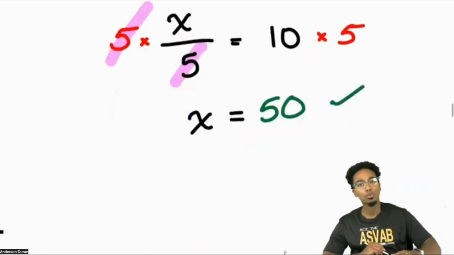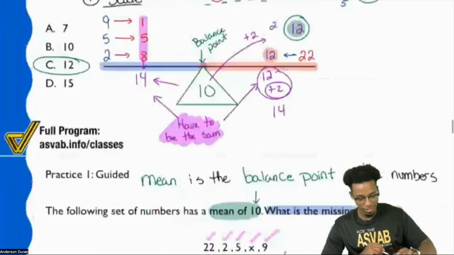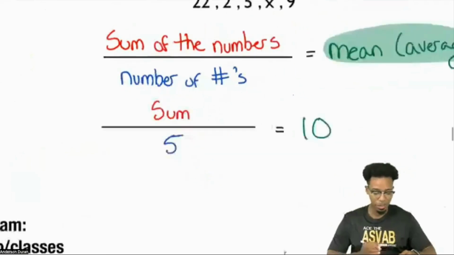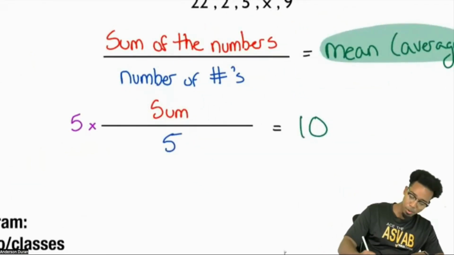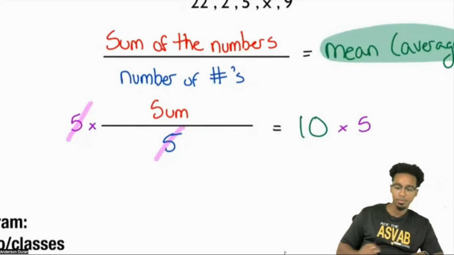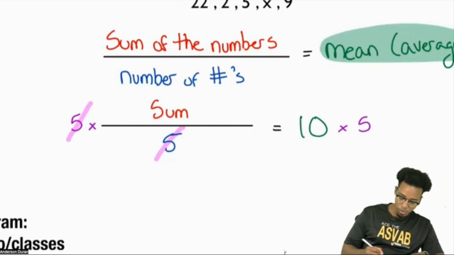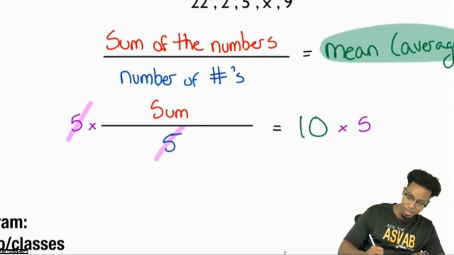Let me show you what we're doing over here. Let's do the same exact thing, everybody. We can get rid of that 5 by multiplying by 5 on both sides. Boom. Once we do that, we can say that the sum of the numbers is equal to 50, right? 10 times 5 is 50.